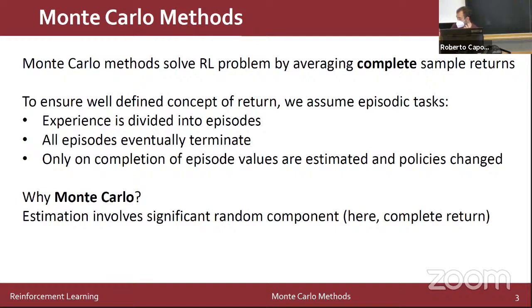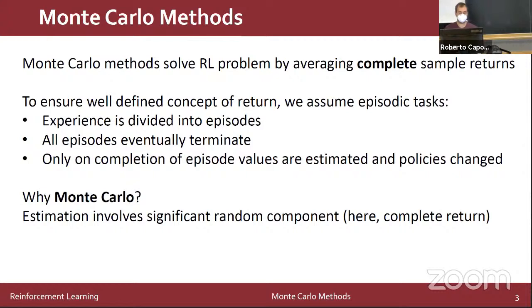So we said already for the planning situation that in order to compute a policy, we need either a policy directly or a value function. And computing a value function means computing in expectation what the return is. Now, what is a good way to do this?